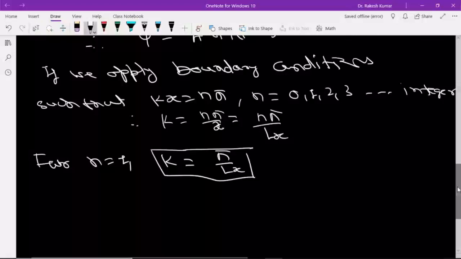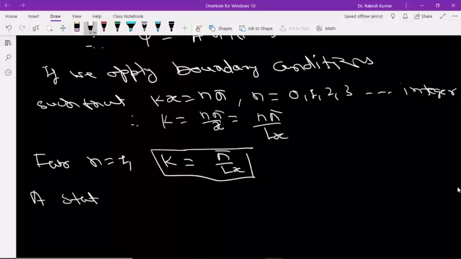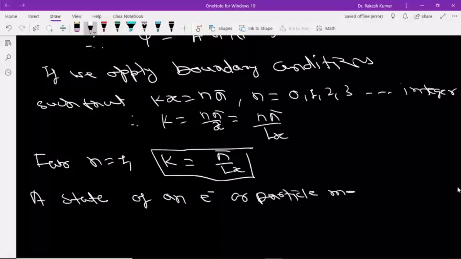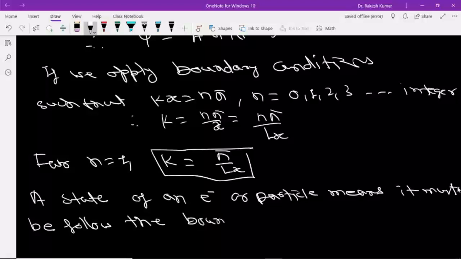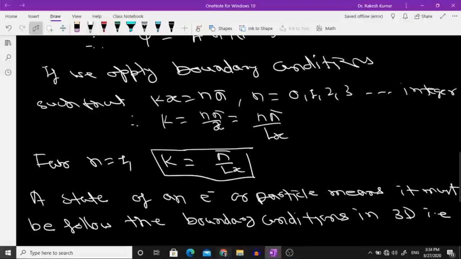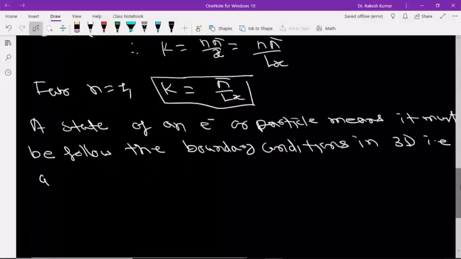Now you have to understand it very carefully, that a state of an electron or a particle means it must follow the boundary conditions in 3D, that is a single state.